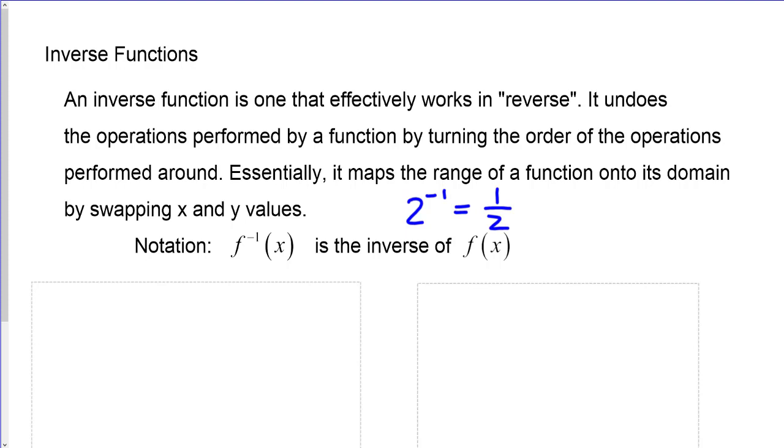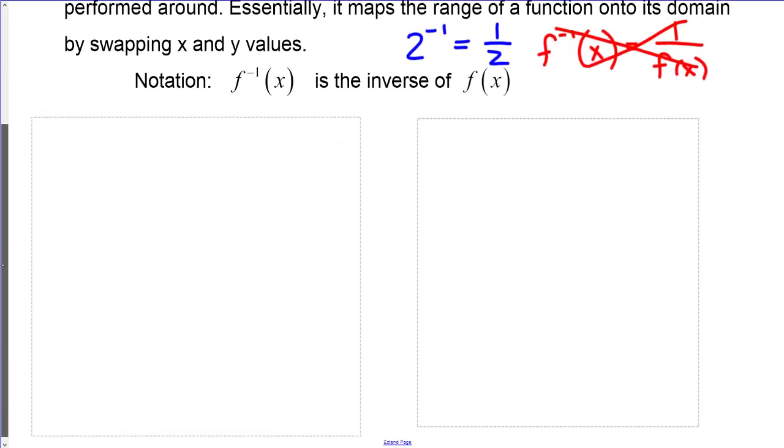And so often students will think that f to the negative 1 power of x is equal to 1 over f of x. And I'm writing this in red because it's wrong. It doesn't work that way with functions. It does work that way when it comes to numbers, but not with functions. So let's look at what happens with functions.